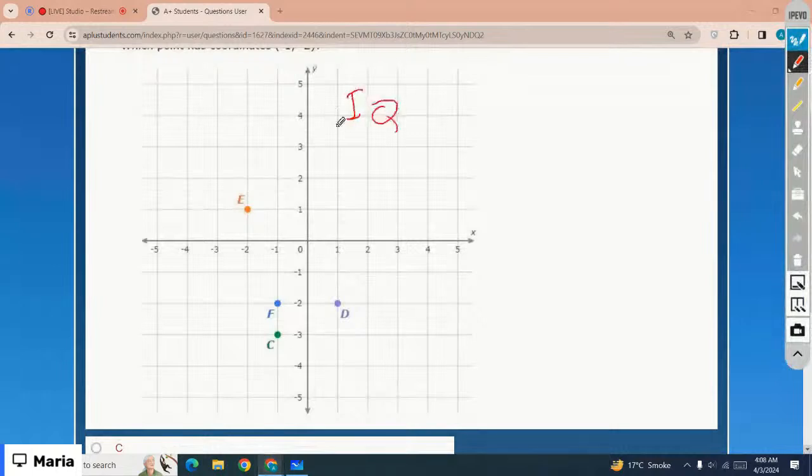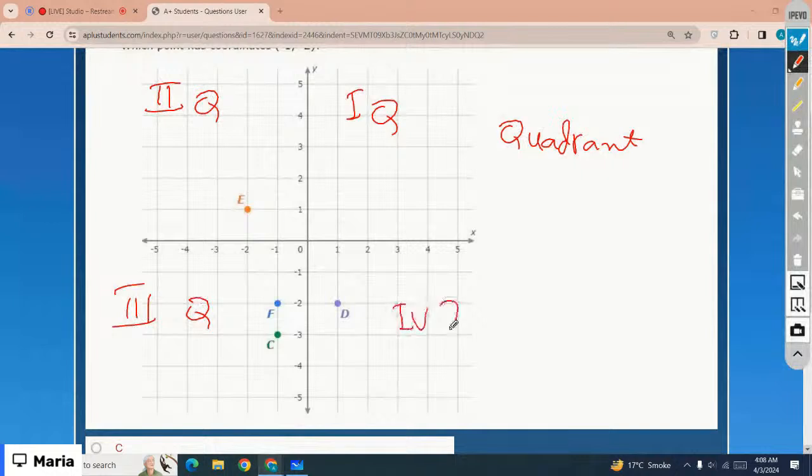This is the first quadrant, this is the second quadrant, this is the third quadrant and this is the fourth quadrant, right? Because both the values are negative, it must be in the third quadrant, where both x and y are negative. So F is the point that has the coordinates -1 and -2. Got it? The correct option is point F.